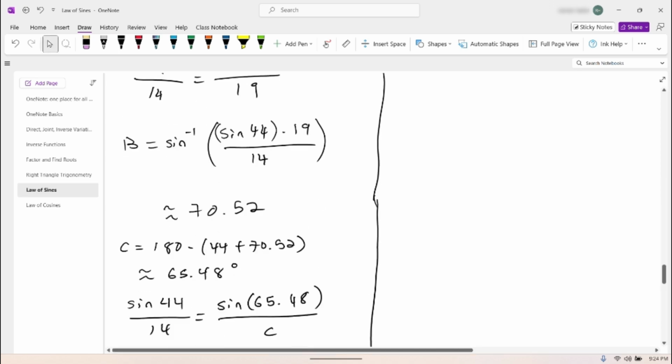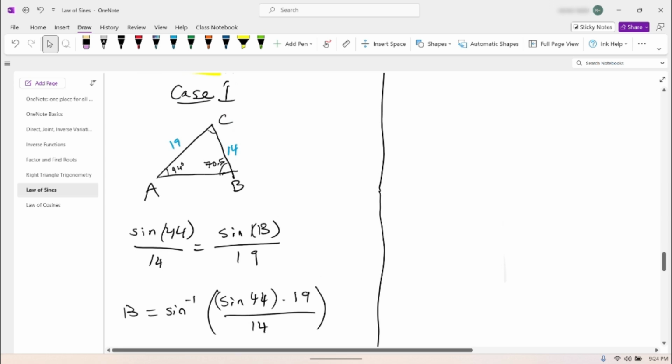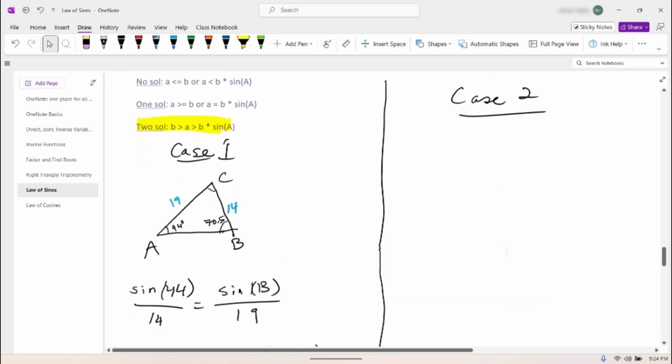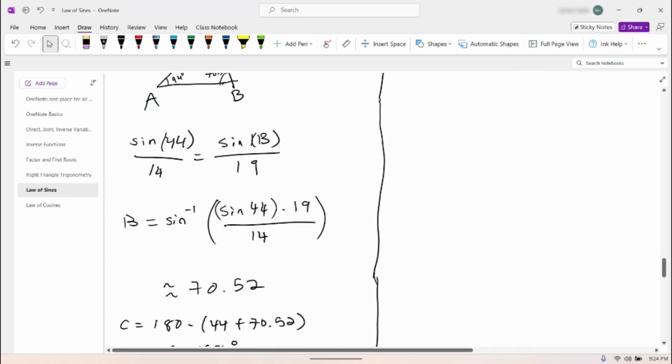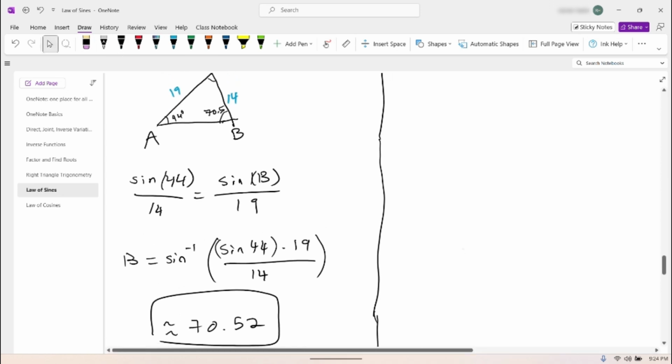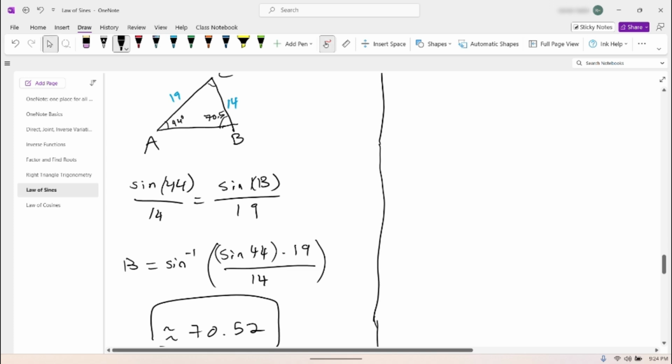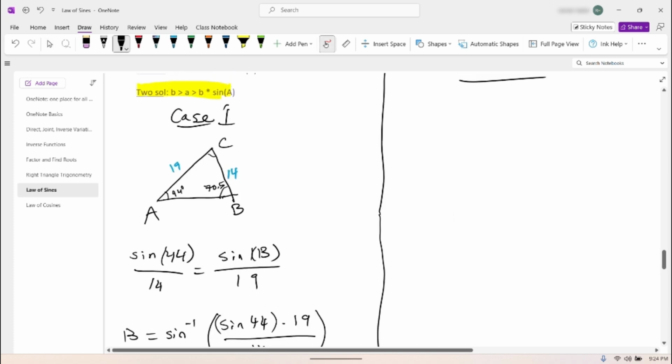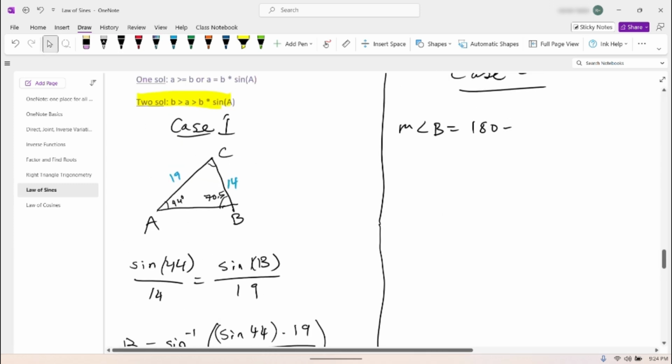So in case 2 now, we're going to solve for angle B using this angle here that we solved earlier. What case 2 says is that angle B is obtuse now. That's what the second solution is. So the measure of angle B equals 180 minus 70.52.